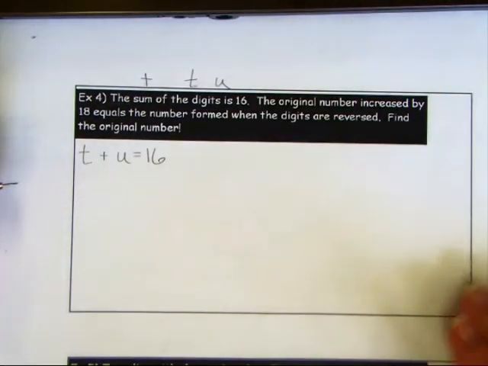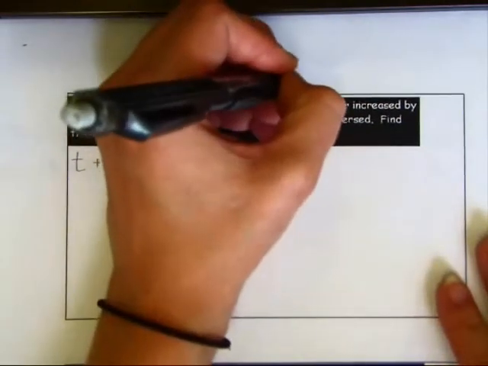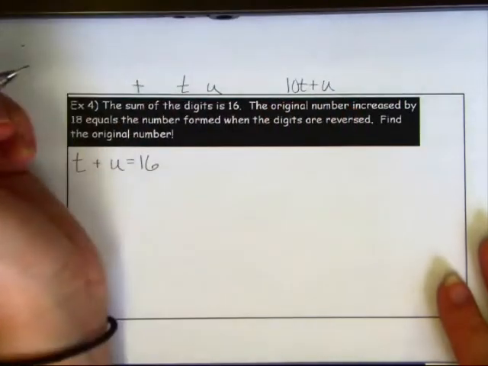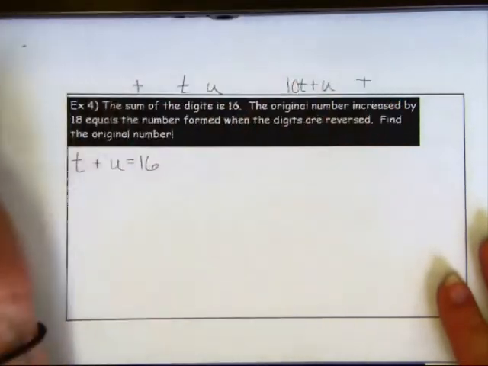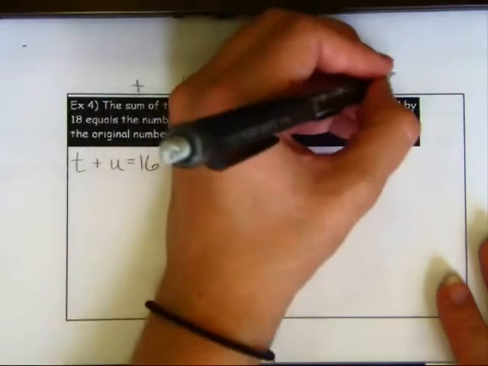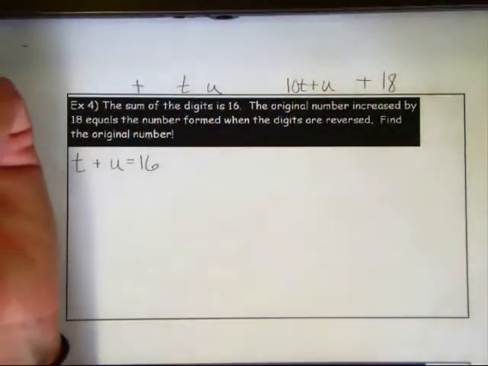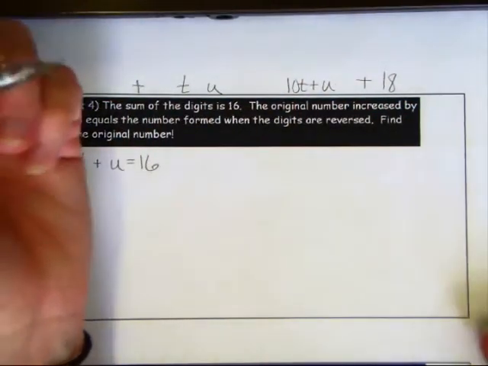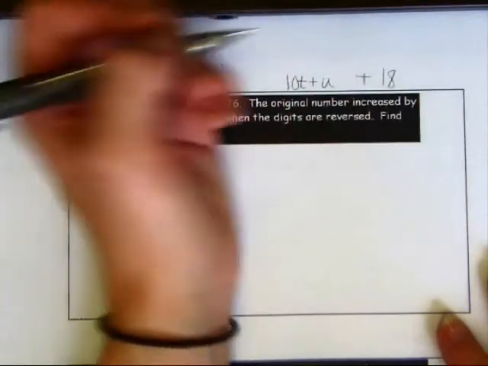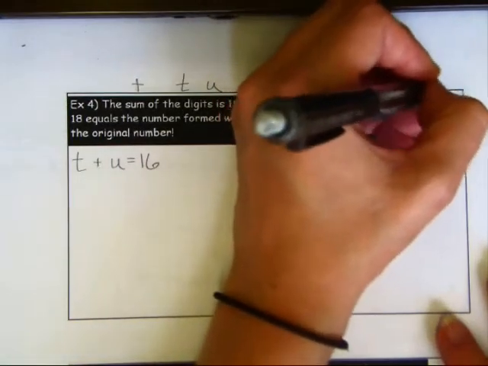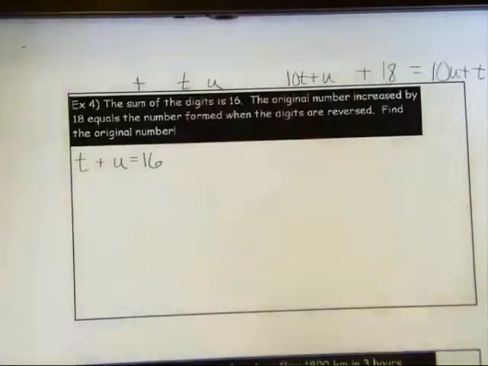The original number, remember that's 10t plus u, increased by 18 equals the number formed when the digits are reversed. You remember what the reverse is, right? The reverse is 10u plus t. We went over that.